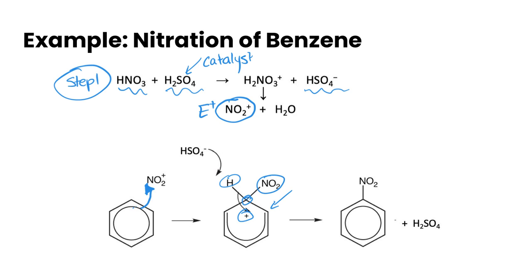And then our catalyst, our HSO4 minus that we generated in that other step, is going to come and pick off this hydrogen here, although this arrow is not drawn right. That breaks the bond between the H and the carbon, regenerating our benzene ring and regenerating our catalyst. So this is why it's a catalyst, because we use it up in one step and then we regenerate it at the end of our reaction. So this is a great example of how this particular electrophilic substitution mechanism works.